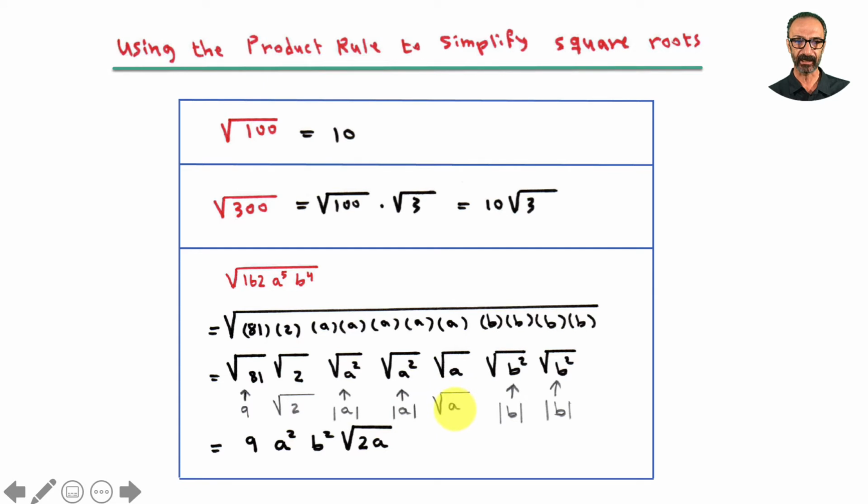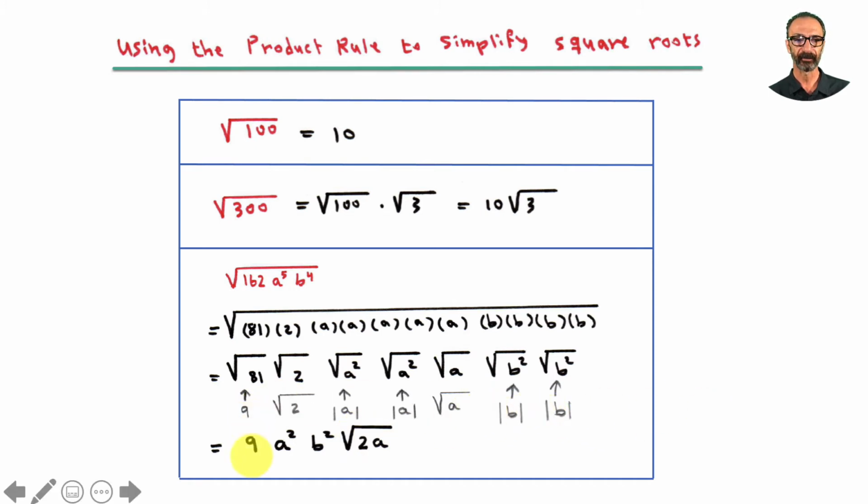This right here stays. This gives you the absolute value of b squared. But when you multiply these two, that's going to be the absolute value of b to the second, which you don't need the absolute value anymore, because the exponent of two will handle a negative sign if it appears. So I don't need the absolute value anymore.